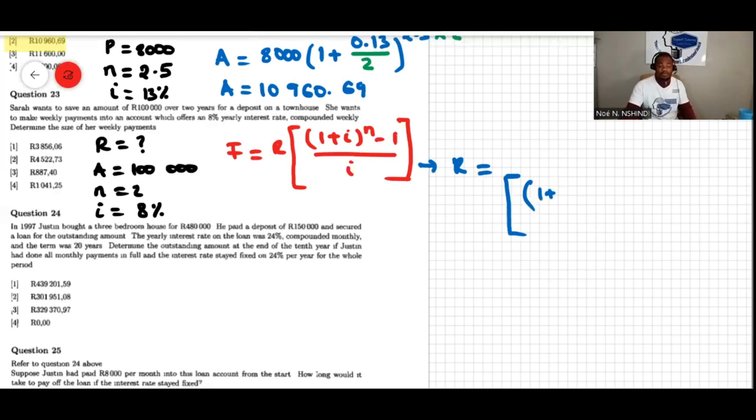Remember, it is compounded weekly, so it's going to be i over 52, to the power of 52n, because compounded weekly, there are 52 weeks in the year, minus 1, all over i over 52.